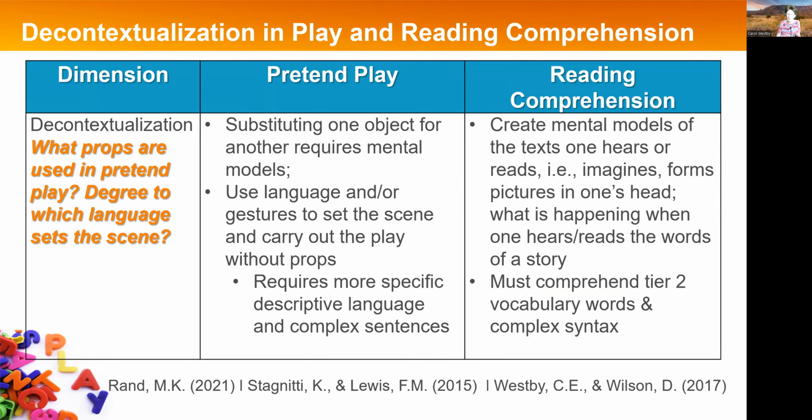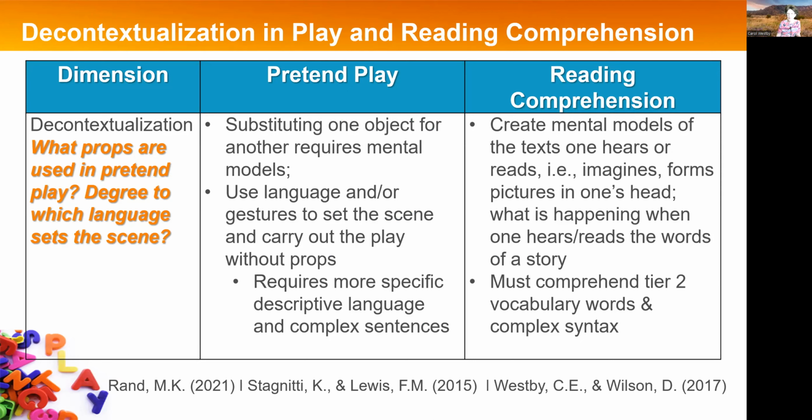Substituting one object for another in play requires mental modeling. You have to be able to decontextualize. And the more you decontextualize, the more you have to use language so your peers know what you're doing. You're going to have more descriptive language, more complex sentences.